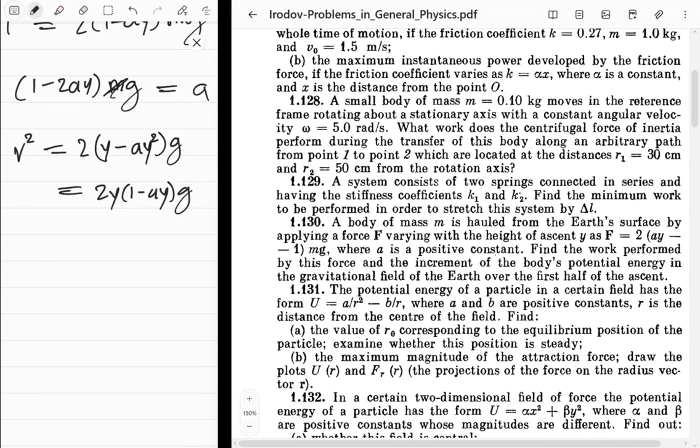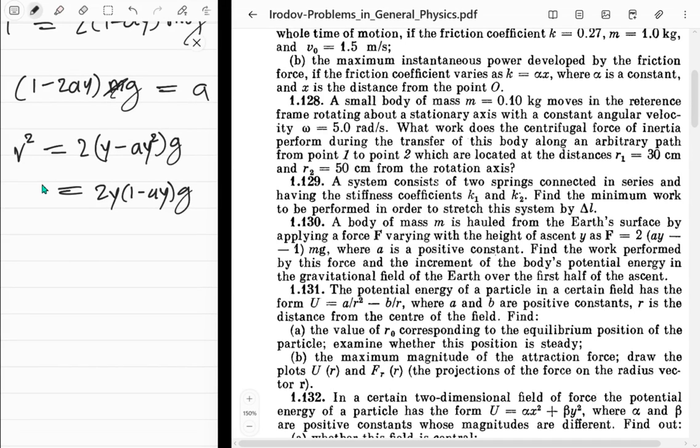Because I don't think we can actually figure out what the time should be. I don't know. I have no idea. Right, you got velocity as the square root of this thing, and then you have to do integration of dy upon v to figure out the time. And it's just really stupid.